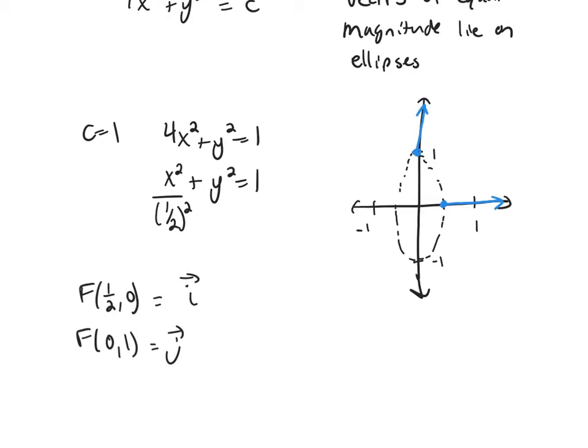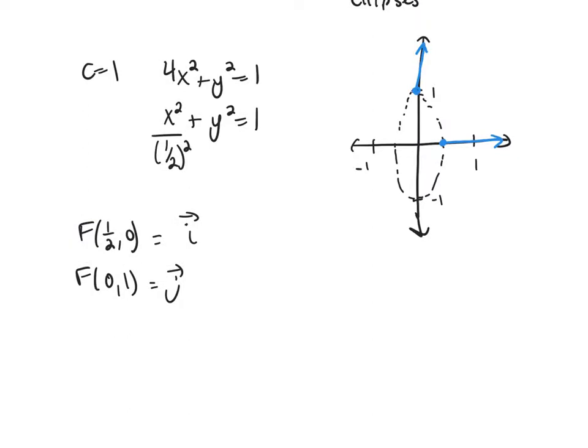If I plug in, let's do two more points. Negative 1/2, 0, you'll get negative i. And then if you plug in (0, -1), you get negative j.